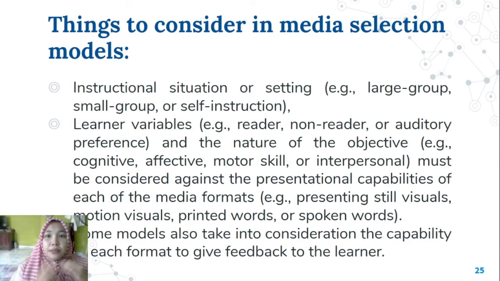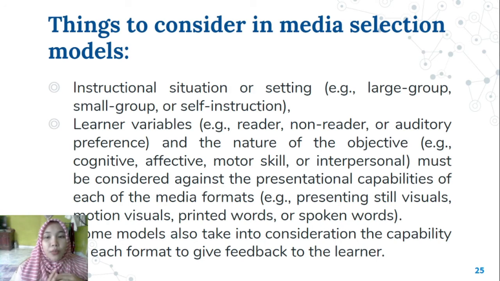Things to consider in media selection models: first, the instructional situation or setting, for example large group, small group, or self-instruction. Second, learner variables, for example whether reader, non-reader, or auditory preference.